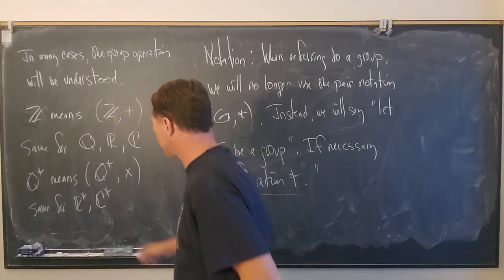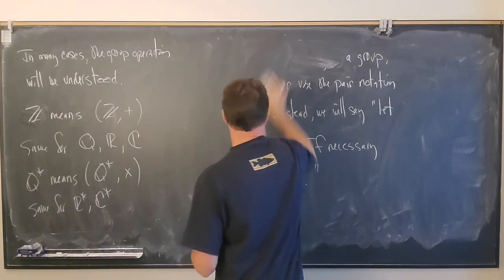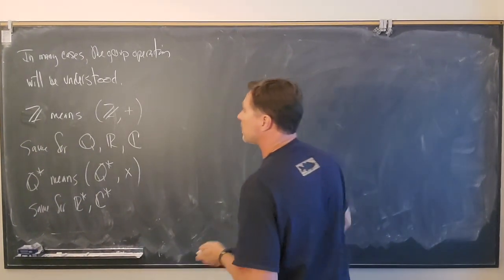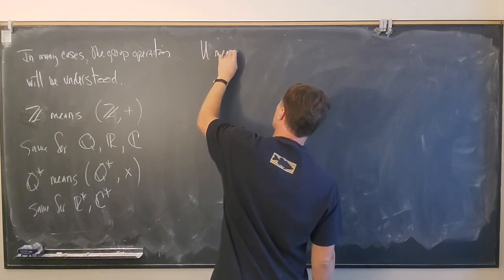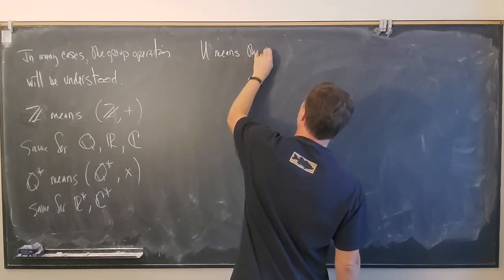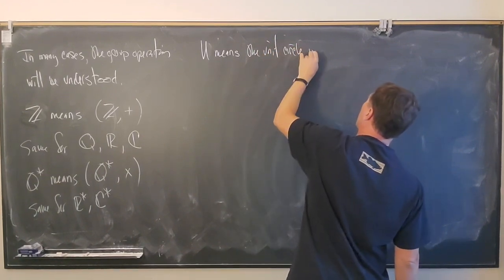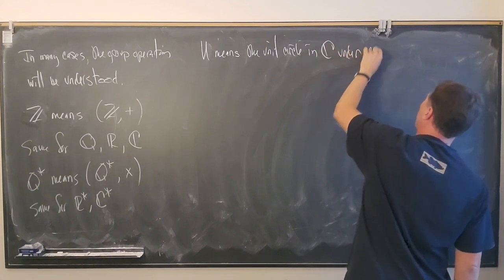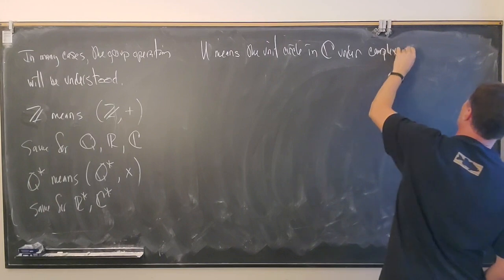Some more standard symbols for groups. Those are ones where we don't even need to specify the operation. We all know what it is. So our next example: U means the unit circle in C under complex multiplication.